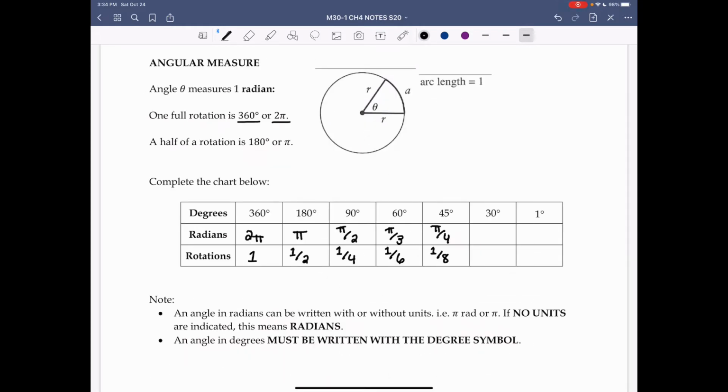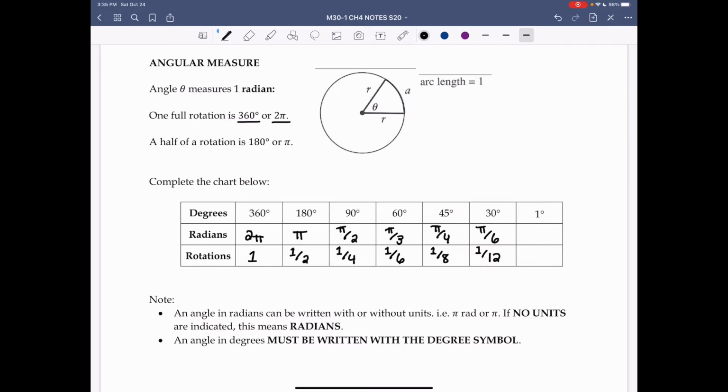30 degrees is half of 60 degrees. 60 degrees was 1/6 of a rotation, so 30 degrees would have to be 1/12 of a rotation. Then calculate the radian measure of 30 degrees. It's 1/12 of a rotation, so 2 pi times 1/12 is 2 pi over 12, which reduces to pi over 6. 1 degree, how many rotations is that?